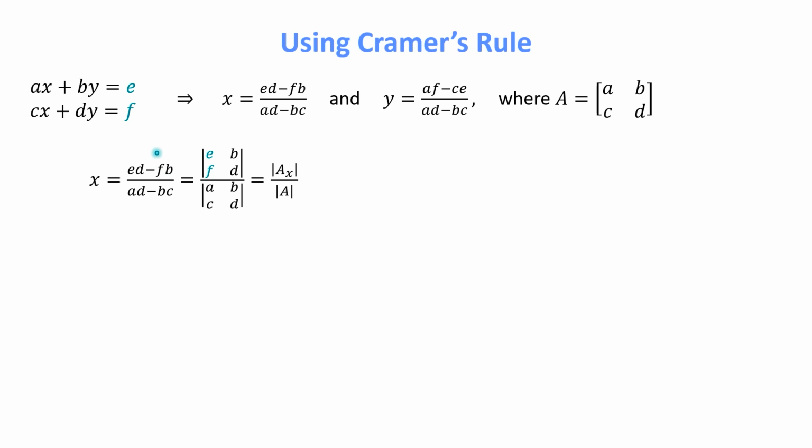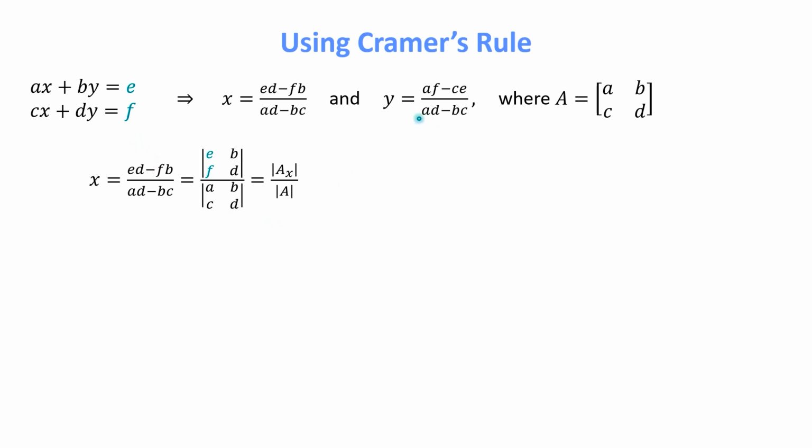Now this is, of course, the numerator of our solution. So what we've done is replaced the coefficients of x with the constant terms in our system. Therefore, we'll call this the determinant of A sub x, where A sub x is the coefficient matrix with the x coefficients replaced by our constant terms e and f.